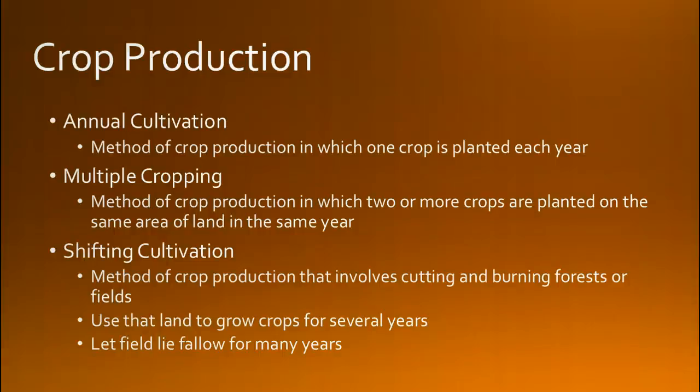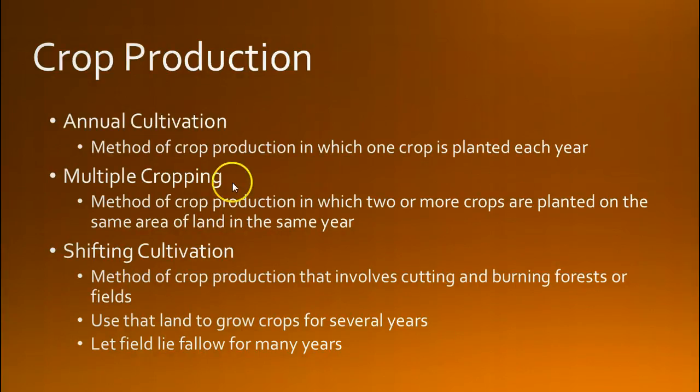A fallow period is a time for the field to regrow those natural grasses, weeds, and trees, and restore the nutrients in the soil. In shifting cultivation, the fallow period is necessary for returning the soil to a nutrient-rich environment before it's used to produce crops again.